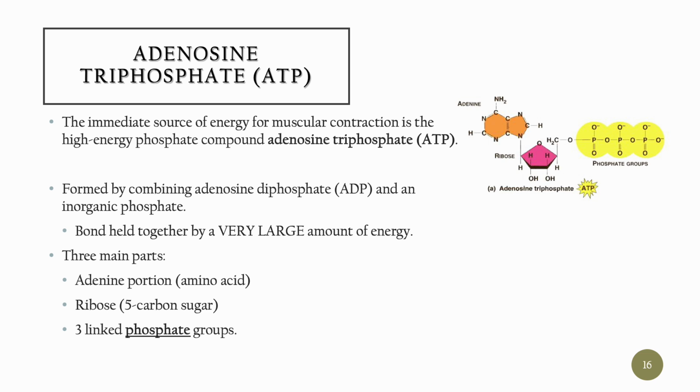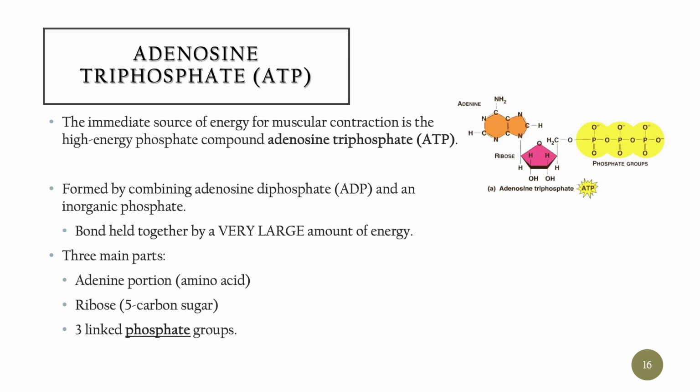Okay, so the structure as a whole is made up of the adenosine, which is in orange on this page, the ribose, which is the sugar molecule, and then your 3 phosphate bonds. Remember, where is the greatest amount of energy stored?